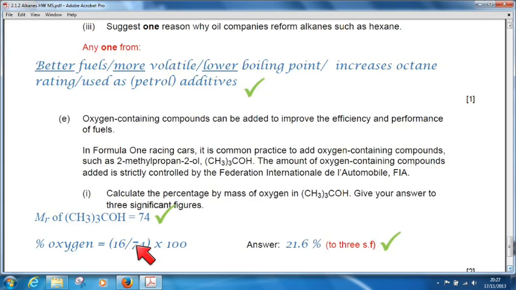And then dividing the relative atomic mass of oxygen by the total RMM of the compound, as that's what's asked for in the question. From the periodic table, oxygen is 16, divided by the total mass, 74, will give you an answer of 21.6, which is correct to 3 significant figures.